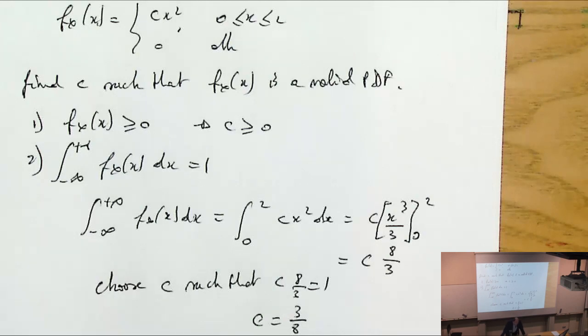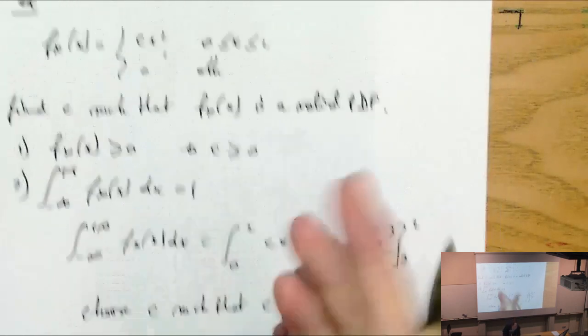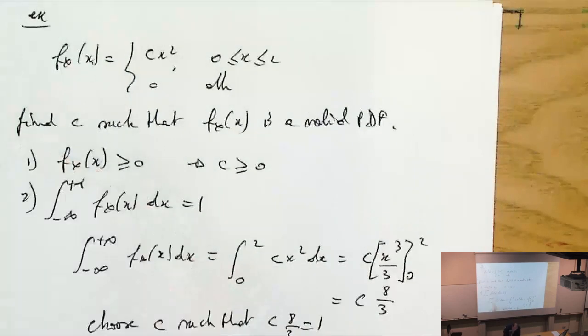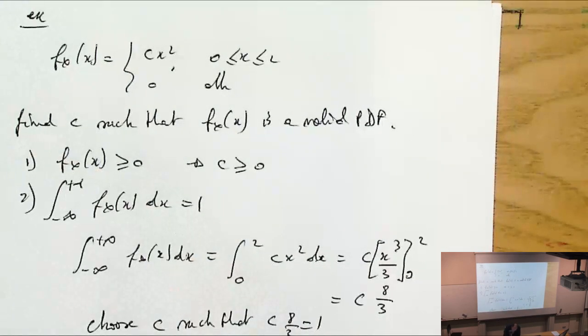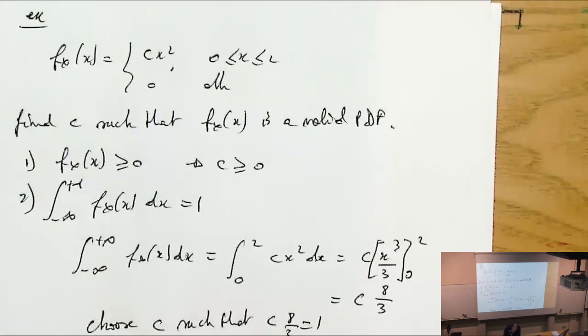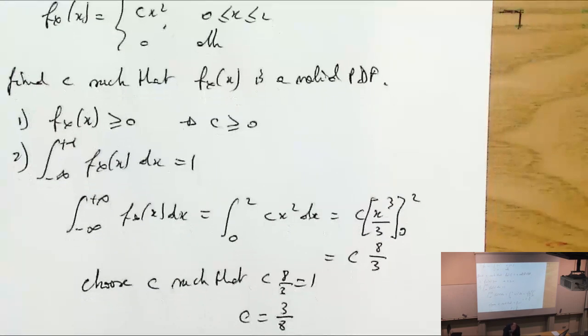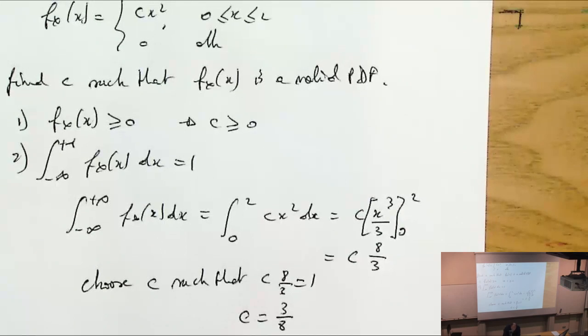Good, so if you want to compute the CDF of this, now you have a valid PDF. What is the CDF? CDF of x. Well, you're looking at the probability of x being smaller or equal to a certain quantity.